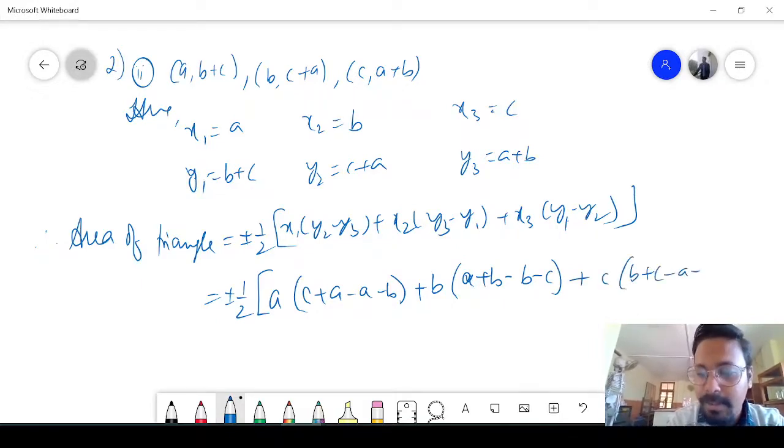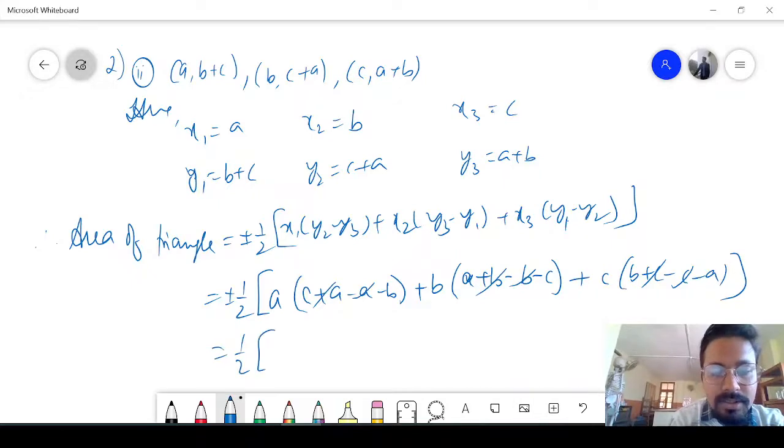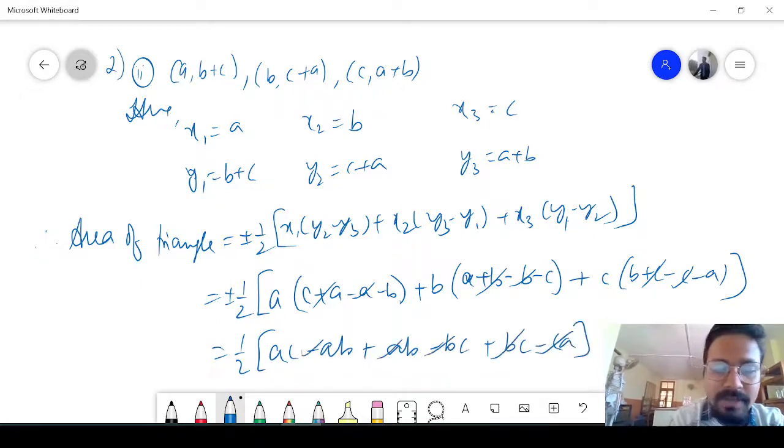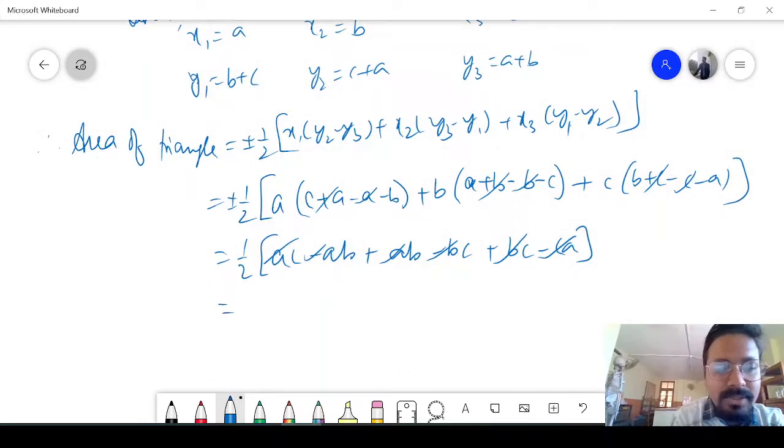Now c will cancel, b will cancel, a will cancel. So now a into c, ac minus ab plus ab minus bc plus bc minus ca. And now all the plus and minus terms will cancel. The answer will be plus minus half into 0.